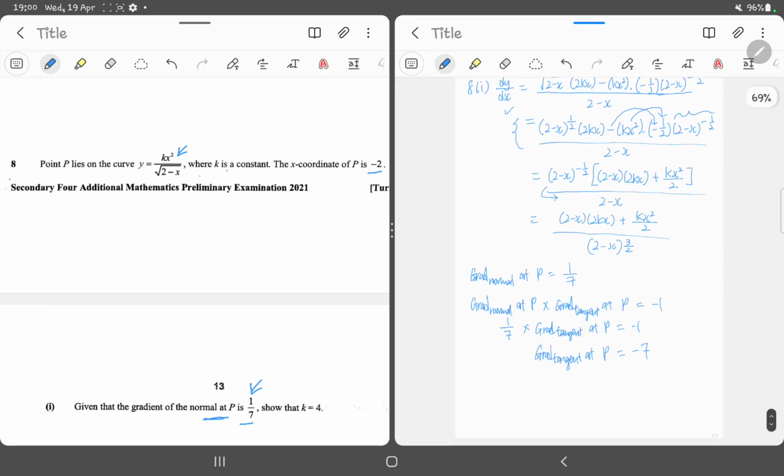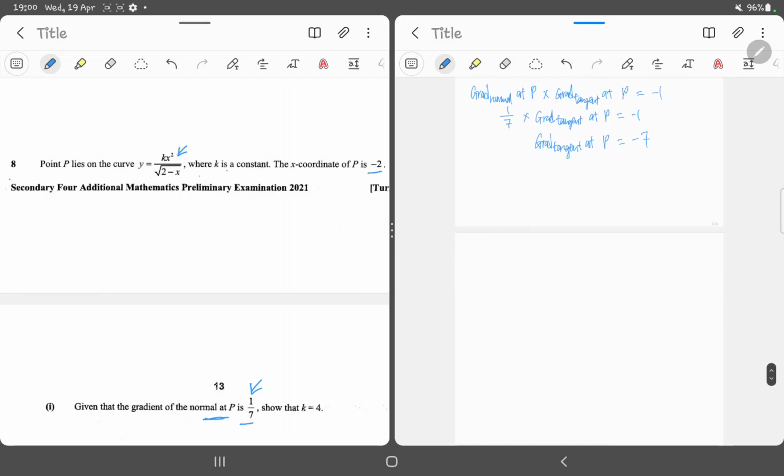So what we're going to do now is at x equals minus 2, dy dx equals minus 7. Because the x coordinate of P is minus 2, so dy dx equals minus 7.